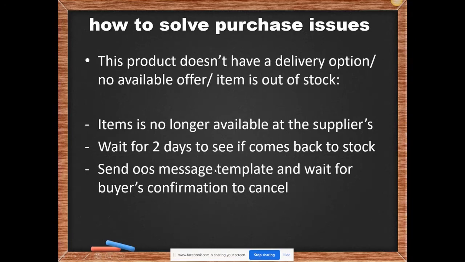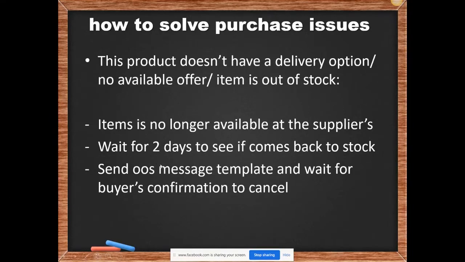If you don't know what the template is, you probably haven't seen my practical customer service webinar. It's a webinar where I've given you a link to a Google Sheet with templates of common issues in customer service. So there's an out of stock template, which is how I call it.